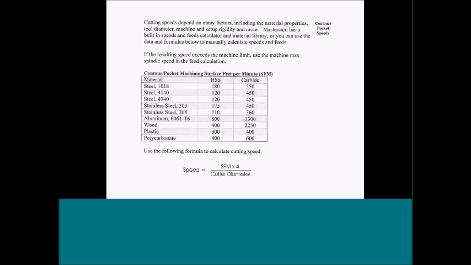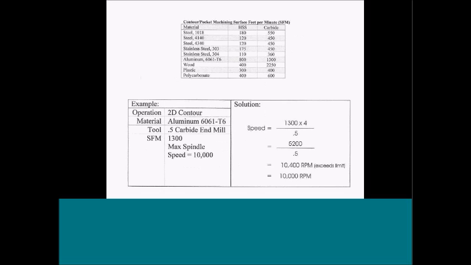Okay, cutting speeds as far as contour pocket machining surfaces, feet per minute. And again, you look at the material, high speed versus carbide. Show them an example.